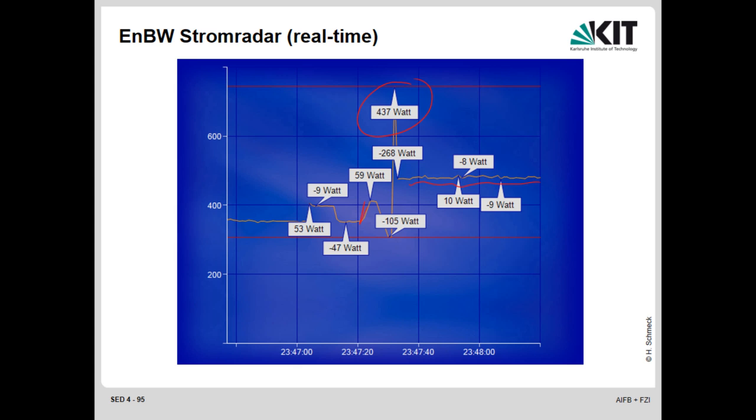This data is not moved out of the house, but is just accessible inside the house, sent by power line communication to the DSL device, and from there, if you have a WaveLAN in your house, you can use the software, the Stromradar or energy radar or power radar, on your laptop, and have a close look at what the current situation in your house is.